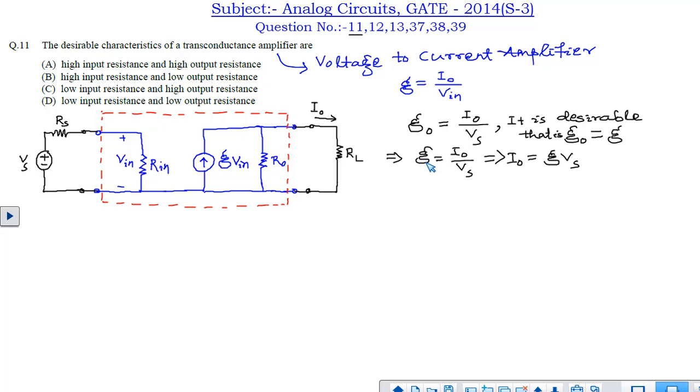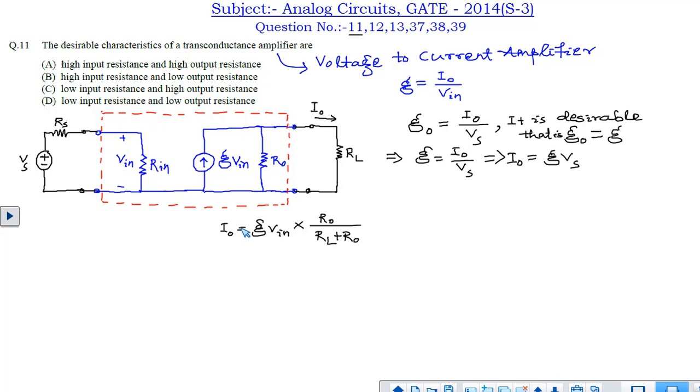So G has to be equal to this G0, which is equal to I0 by Vs. Hence we can get I0 to be equal to G Vs for an ideal transconductance amplifier.